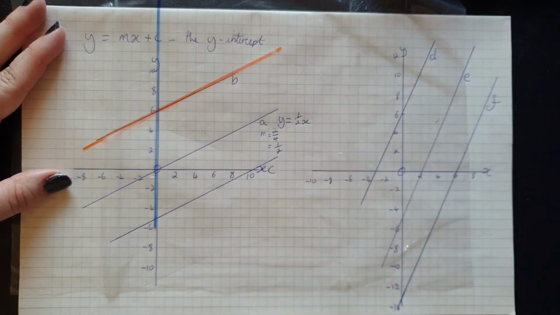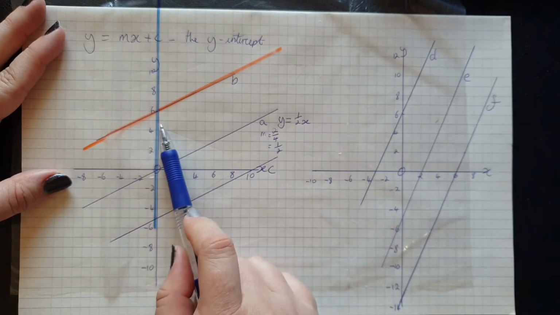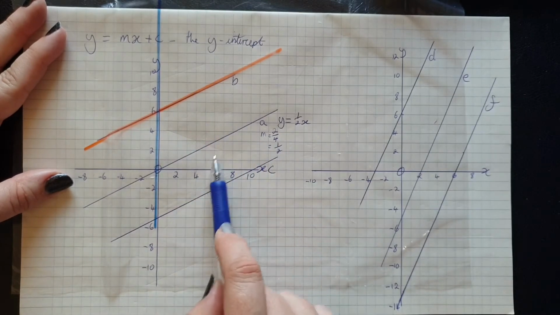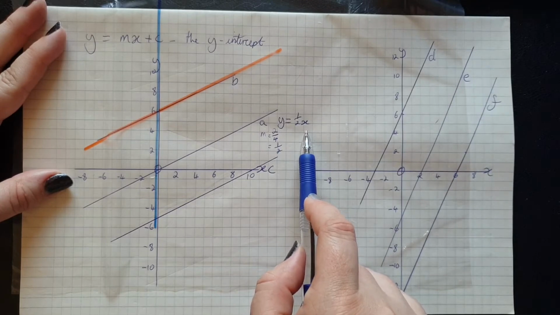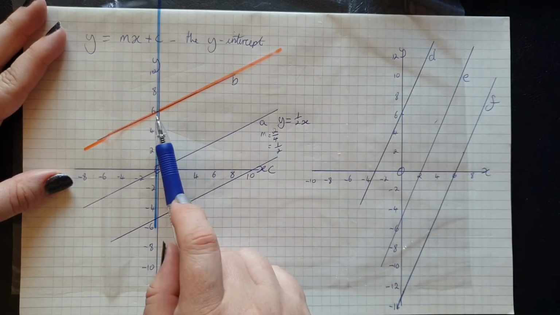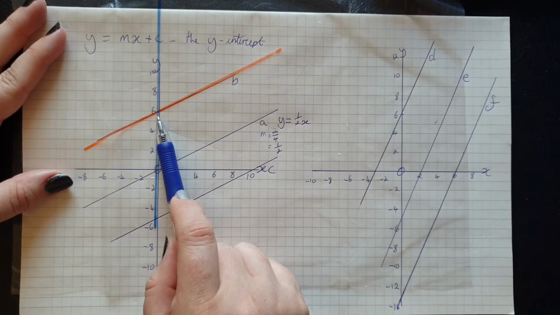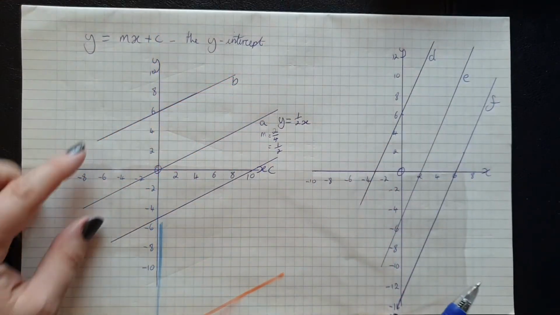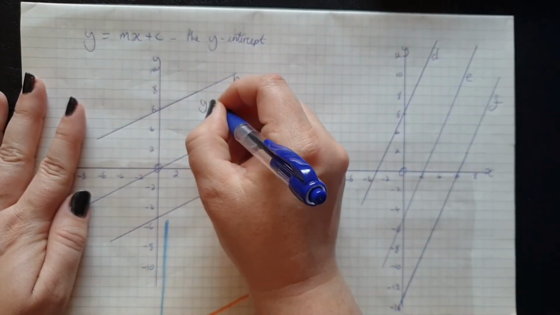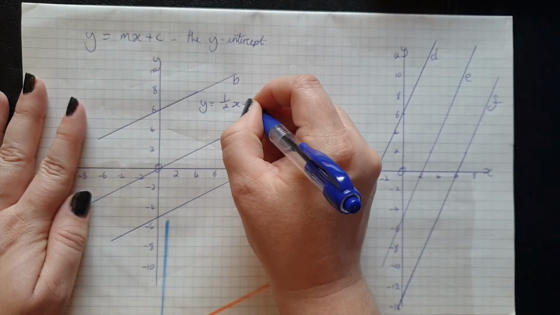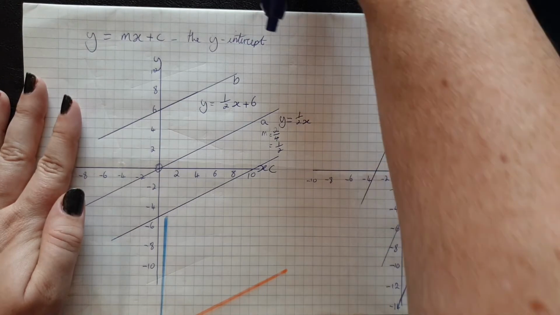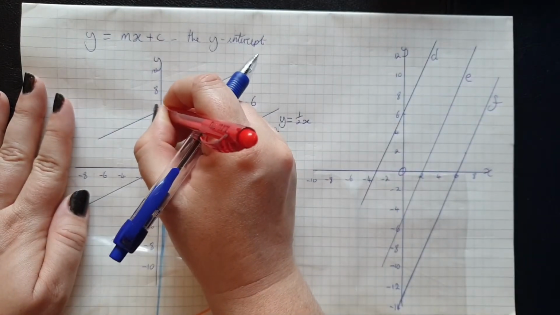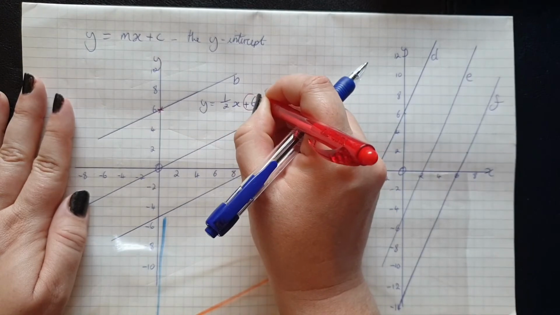I'll jot this down in a minute for you. Now you can clearly see the gradient is the same. So the gradient is half of x, and it goes through on the y-axis at the point 6. Therefore we can describe this graph as y equals half x plus 6. I'll go through that again. That's where the plus 6 comes from.